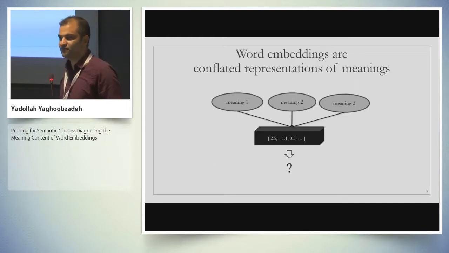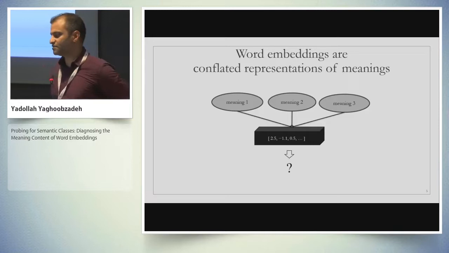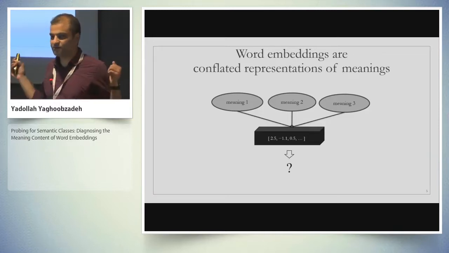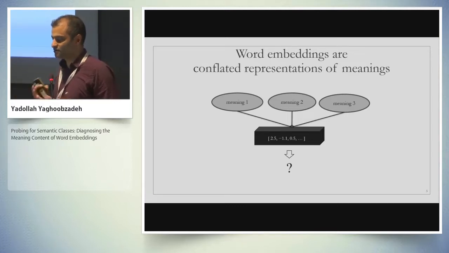So in summary, word embeddings are conflated representations. We conflate multiple meanings, usually, mostly, into a single vector. And the question is, how much do we understand from this vector, and how can we extract these meanings from this vector?